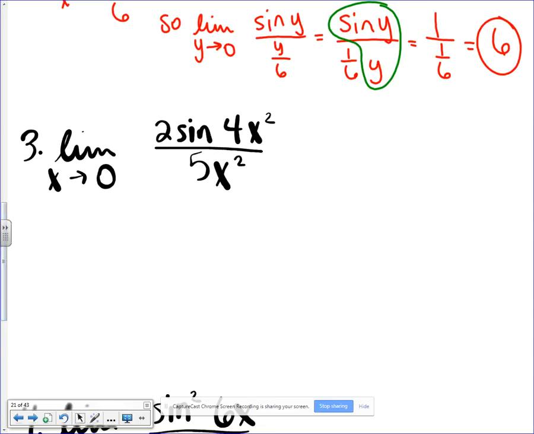Number 3 looks to be the same type of problem. Again, notice that the squared is on the angle, not on the trig function. Looks like that. Again, I'm going to have to solve for x squared because I got that x squared in the bottom. And it looks like this.